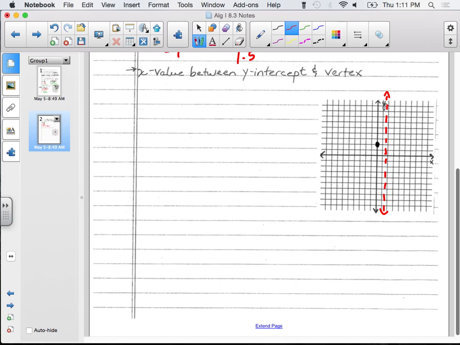So what's the equation for this axis of symmetry again? Negative 2x squared plus 6x plus 2. Say what? No, for the axis of symmetry. X equals 1.5 or 3 over 2 or 1 and 1/2. All right then.